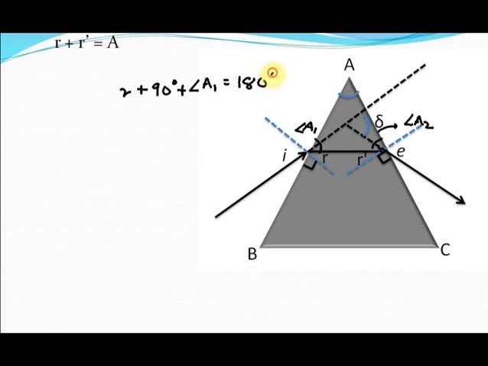There's no doubt about it. Similarly, R dash plus 90 degrees plus angle A2 is equal to 180 degrees. There's no doubt about that either.